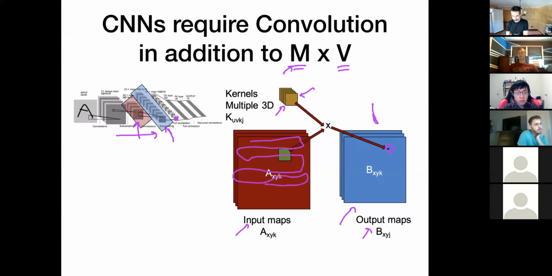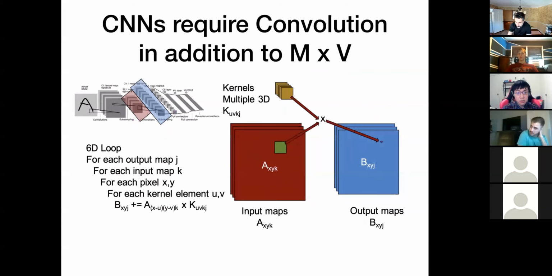And if you think about this, in order to generate this output map, B x y j, you need to run a loop, right? So for each output map j, for each input map k, essentially, these last indices indicate the slice, right?